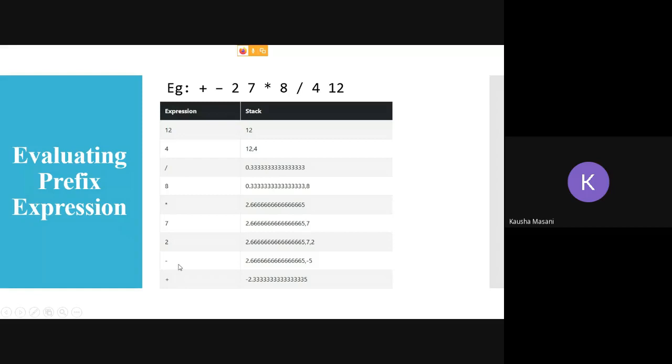Then it is minus. So you popped out the top 2 elements, not first 2 elements, top 2 elements. So 2 and 7 got popped out. 2 minus 7, so minus 5, right? And plus operator is there. So minus 5 plus 2.6666665. The end result was minus 2 point some decimal values. This is how you are doing the evaluation process of your prefix expression.